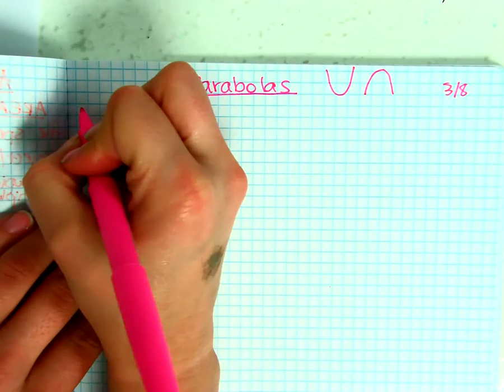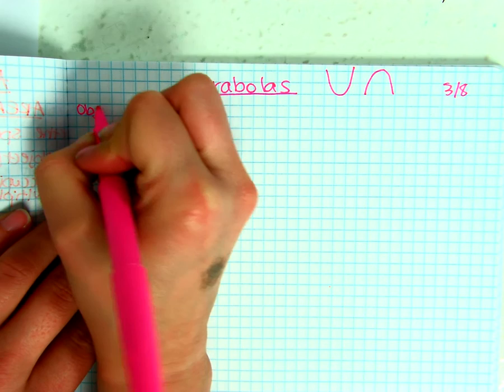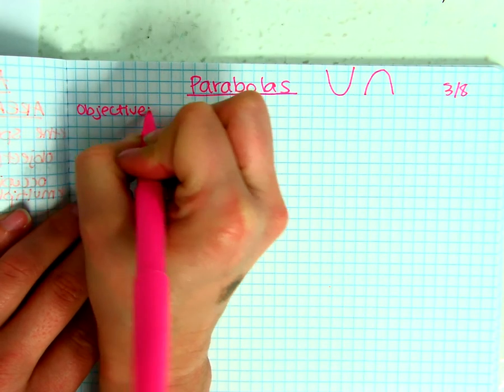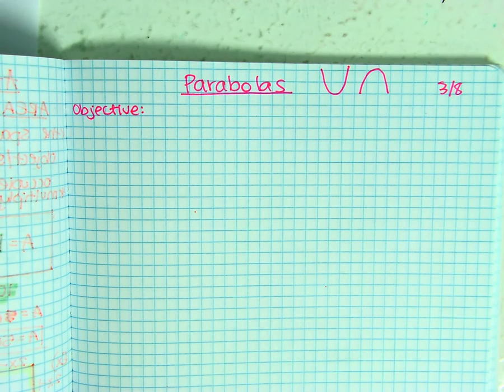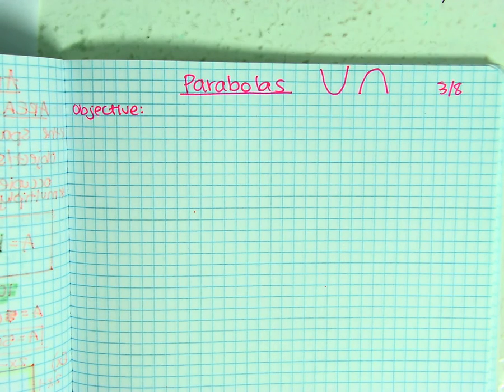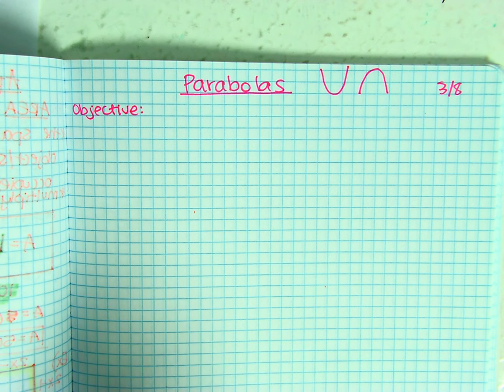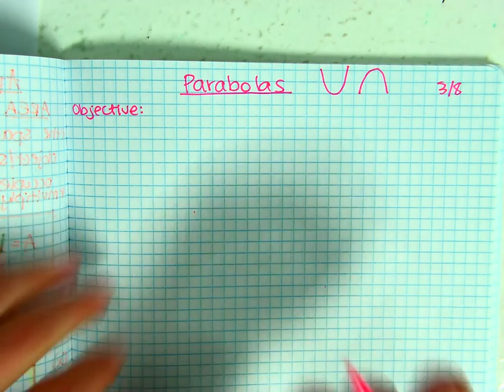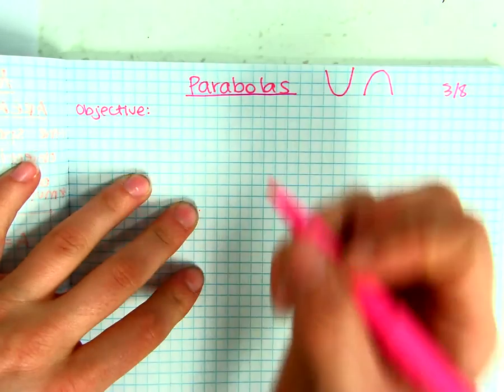So let's start off with our objective. Our objective today is I can apply factoring and zero product property to parabolas and graph them. We have a couple of objectives.